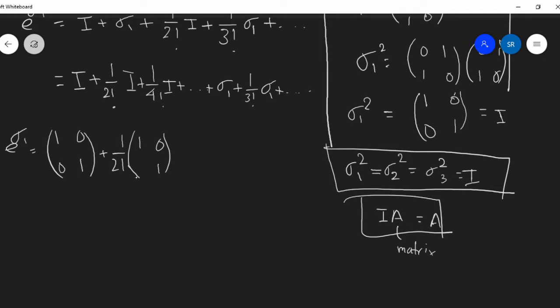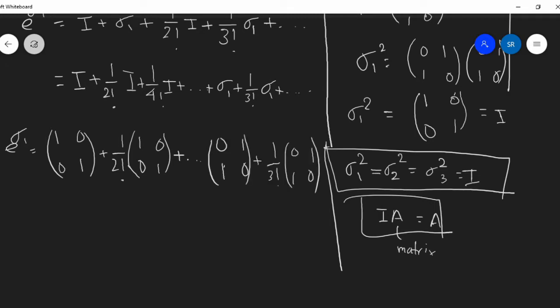Now we have sigma, which is 0, 1, 1, 0. Plus 3 factorial. This, this, this. Plus, plus, plus.